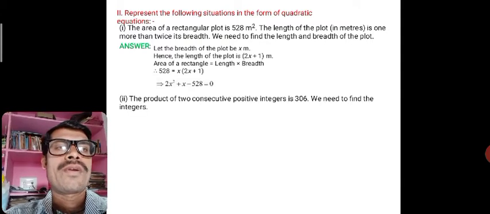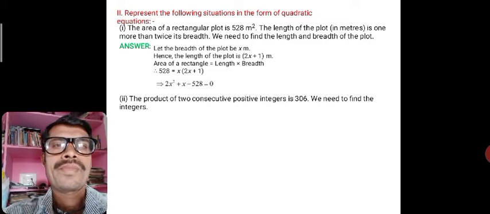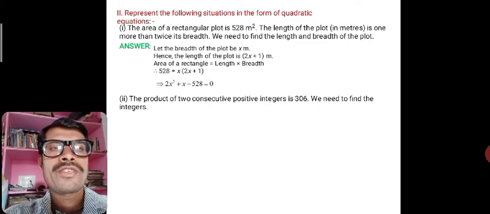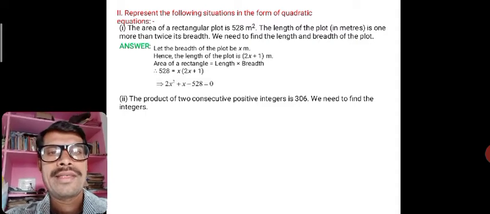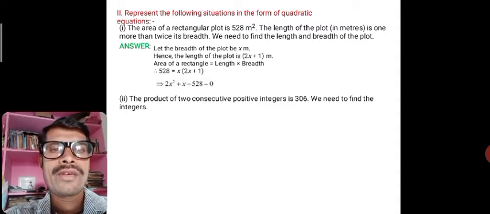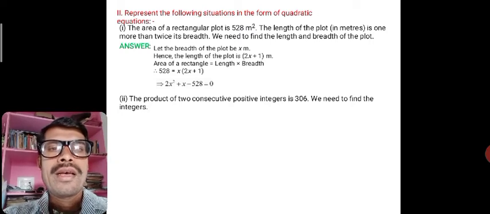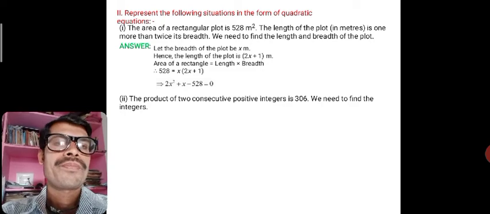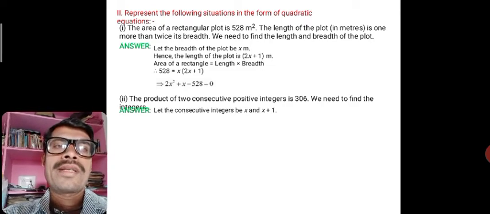Let us consider one more situation, an arithmetic situation. The product of two consecutive positive integers is 306. We need to find the integers. For this situation, let us see how we are going to represent this statement in quadratic form. Two consecutive numbers are there.